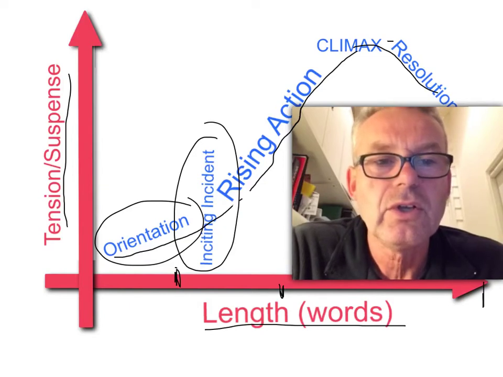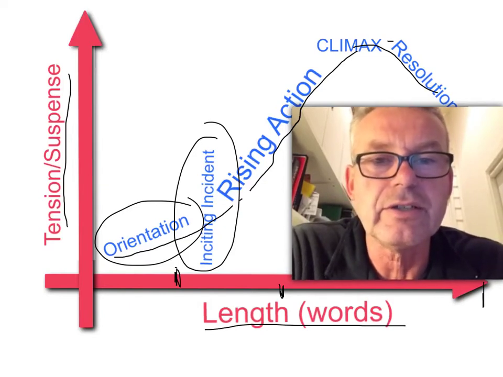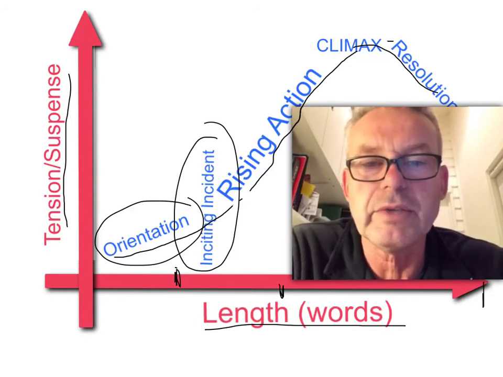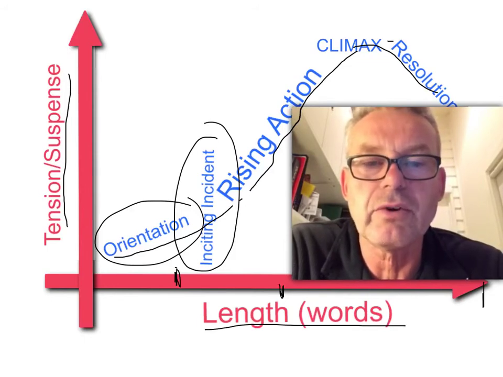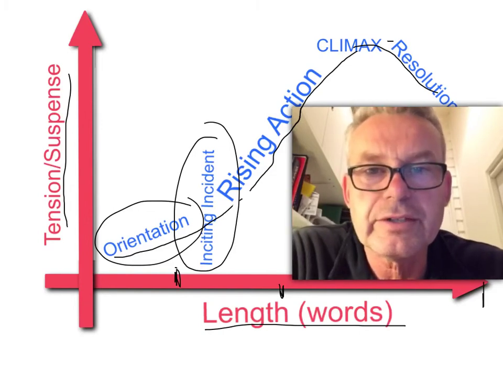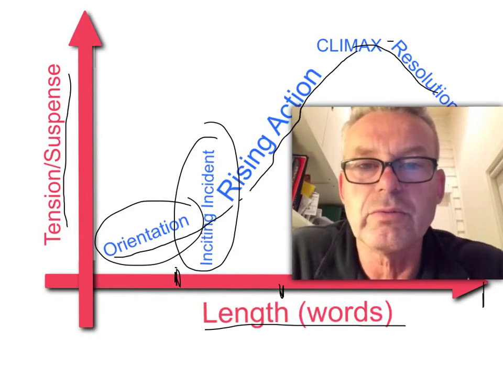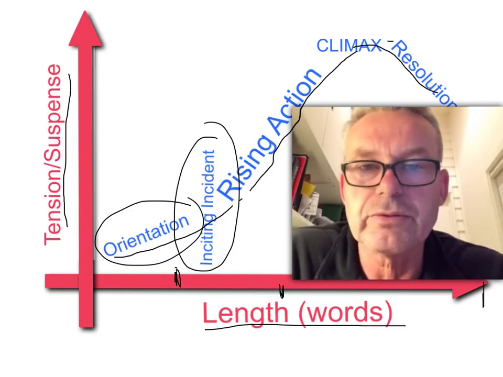So the inciting incident in the story of The Werewolf is when Little Red Riding Hood comes across the wolf as she's walking through the forest. This Little Red Riding Hood is a different creature to the one in the fairy stories that we all have grown up with.